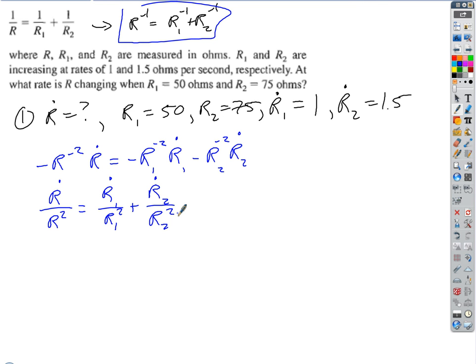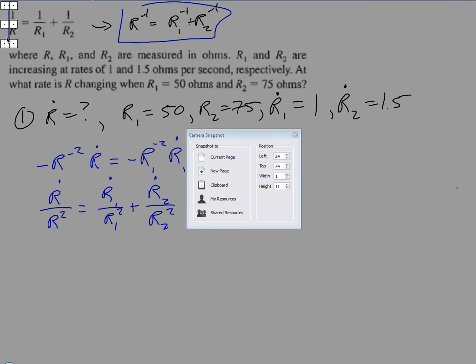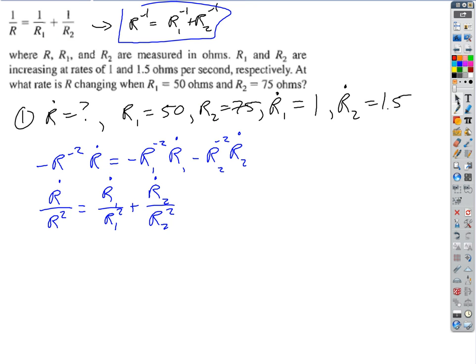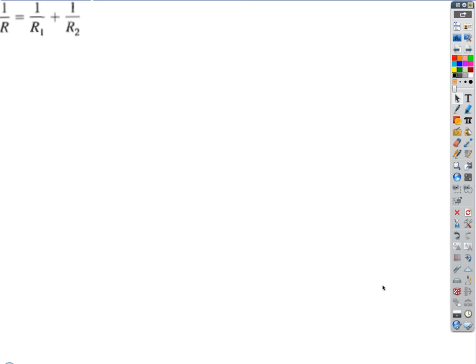Okay, what if, though, we do this? Let's take this original equation. So there it is. Let's simplify the right side and add those fractions up.